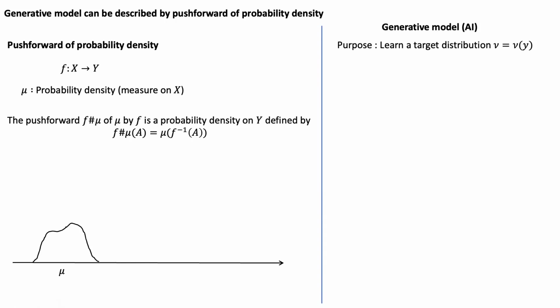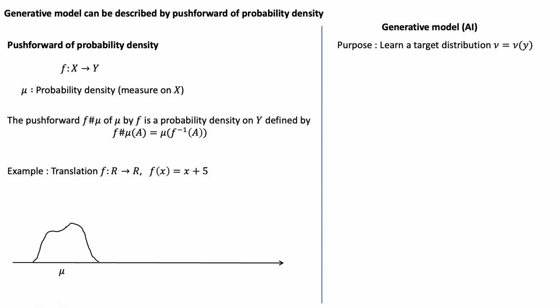And this is the formal definition of how to compute the push forward. If you take a subset A of the range Y, then it is computed by the inverse map of f. So you take the subset in Y, pull it back to X and compute using mu.